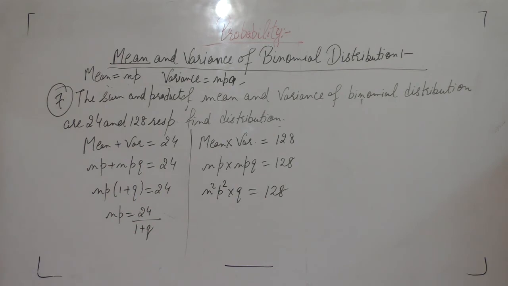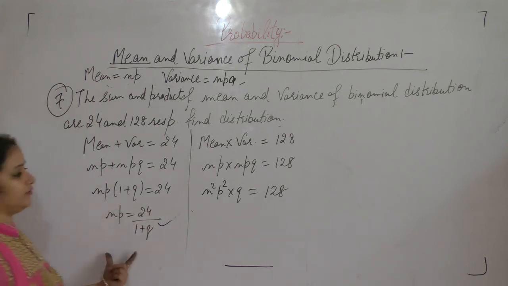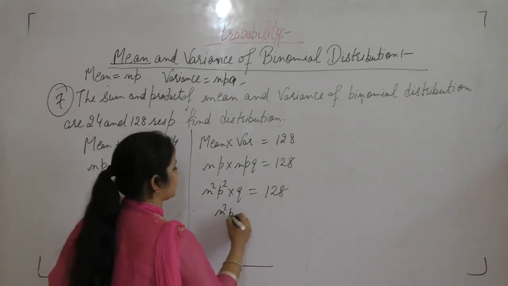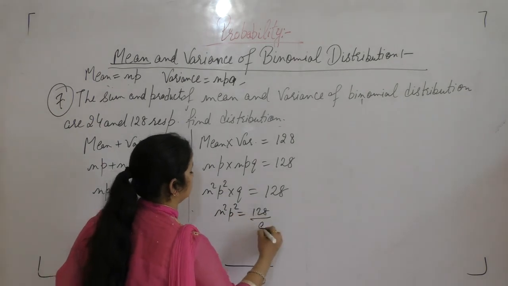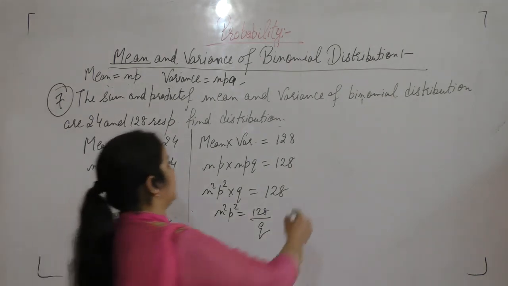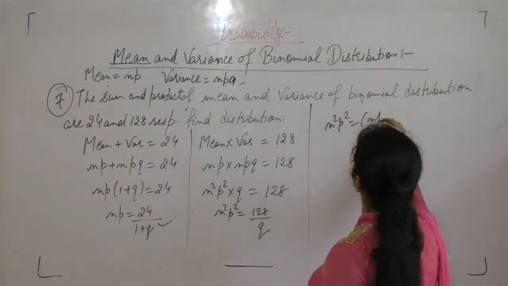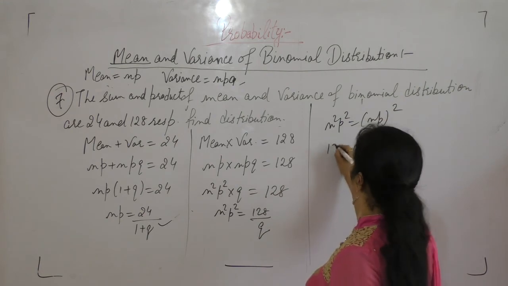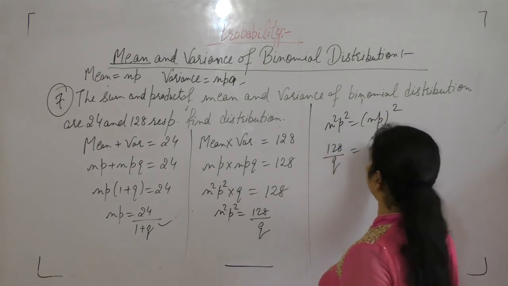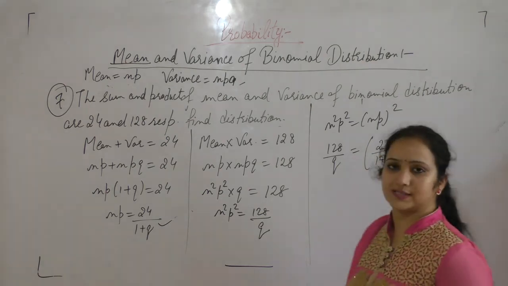Now we know the value of N square P square is 128 upon Q. N square P square is equal to NP whole square. So 128 upon Q equals 24 upon 1 plus Q whole square.